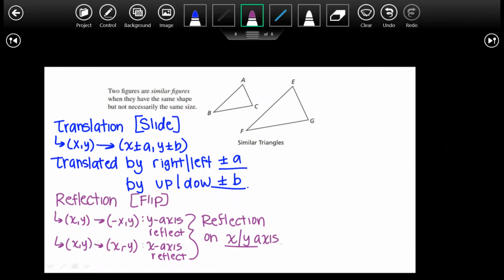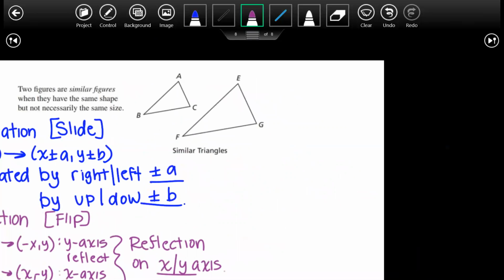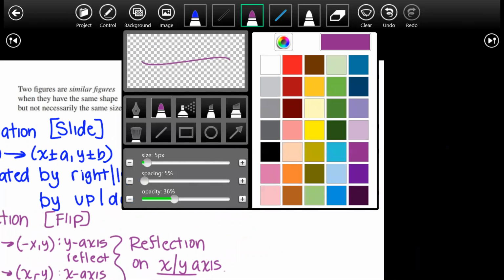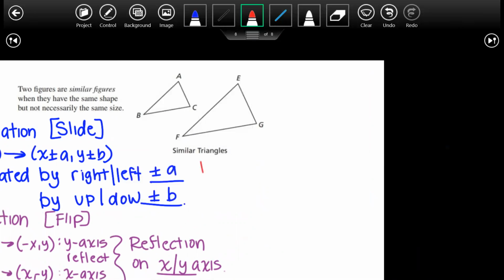The next type, what was the final one we did last year? Rotation. A rotation is a spin.